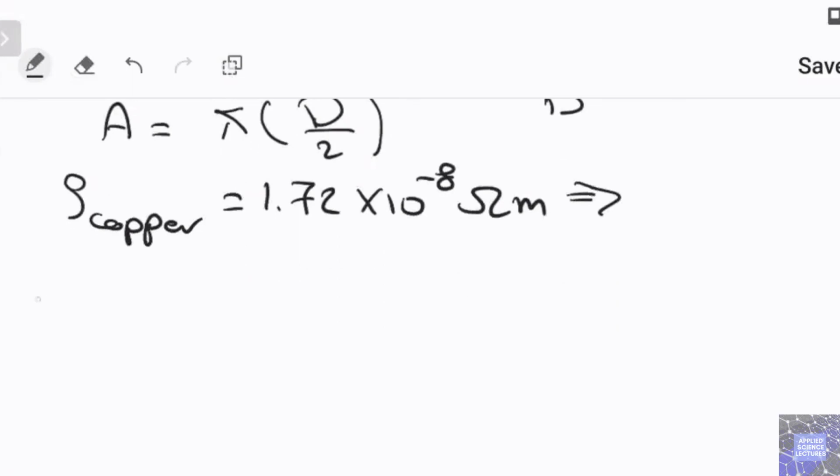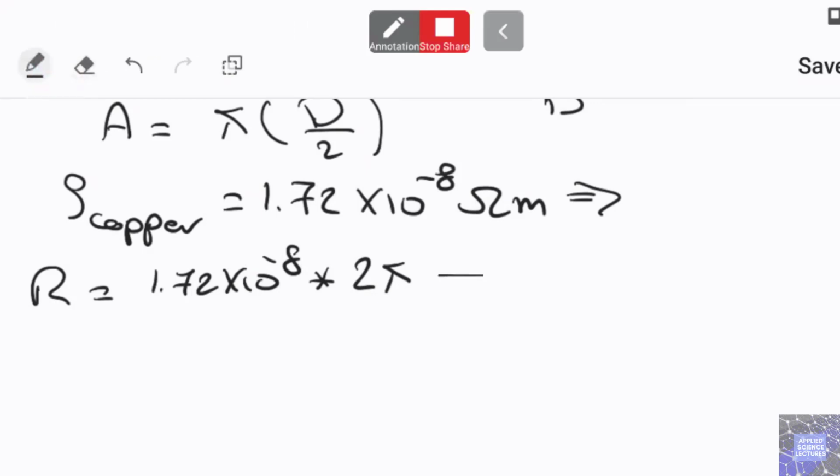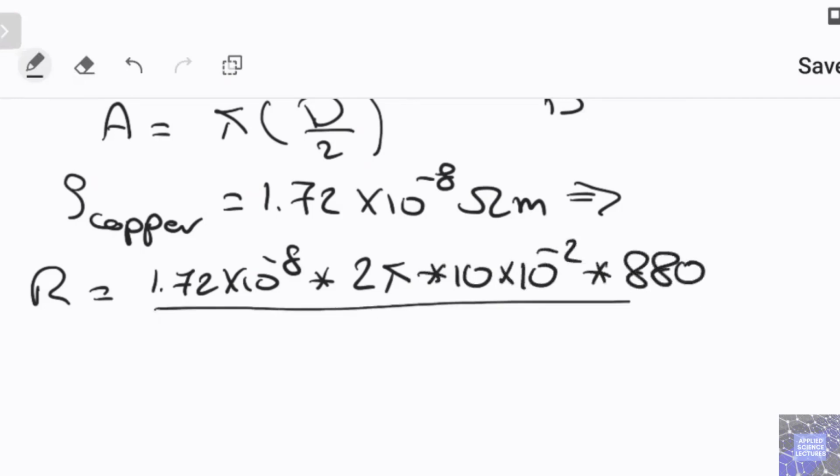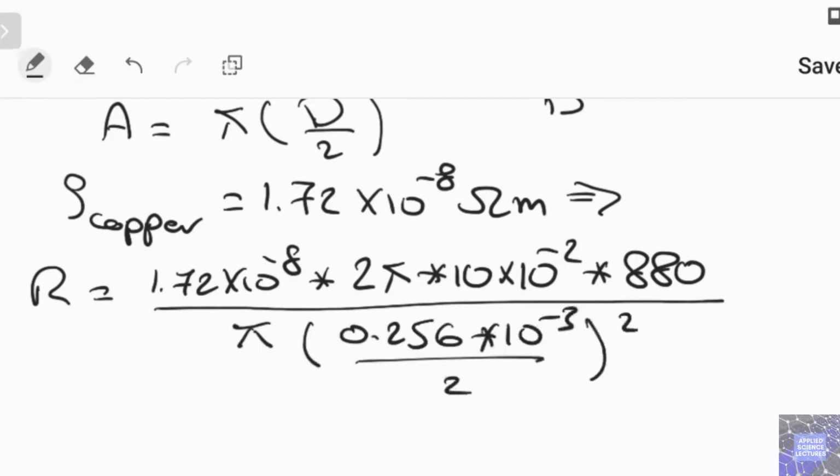I have the resistivity of the copper, then I can find the resistance as 1.72 times 10 to the power minus 8 times 2 pi times 10 to the power minus 2 times 880 divided by pi times 0.256 squared.